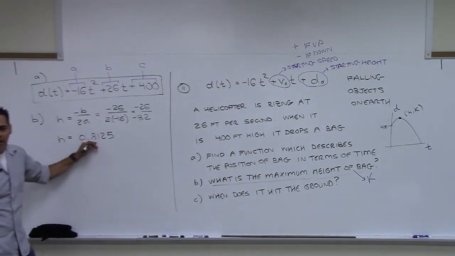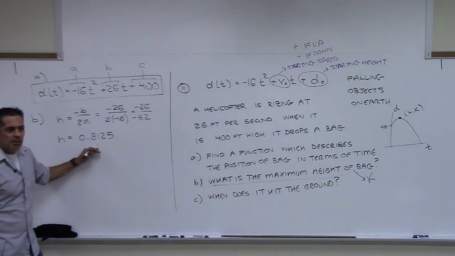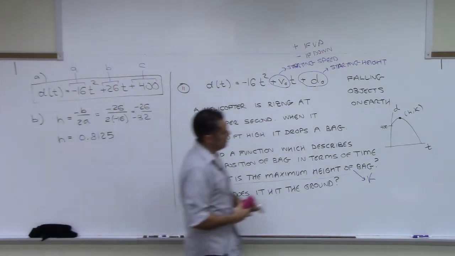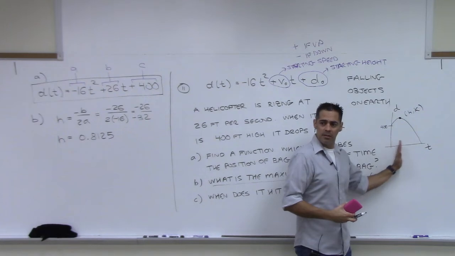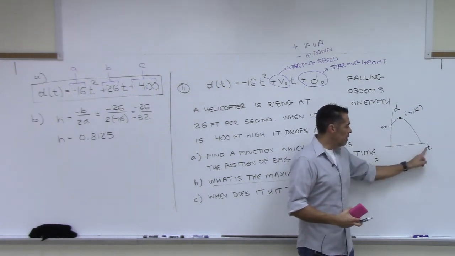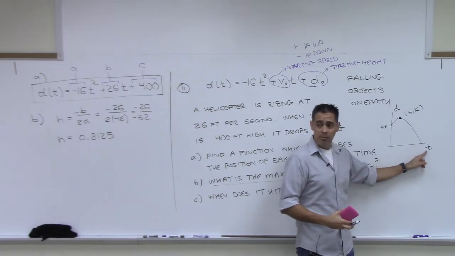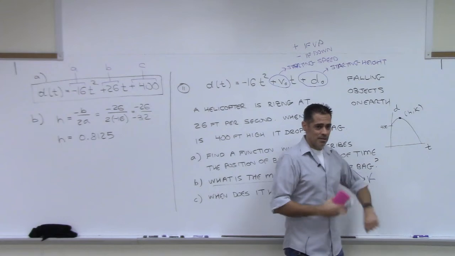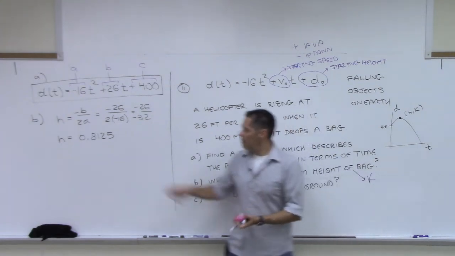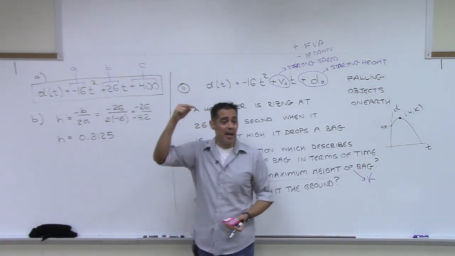That's not how high it went, right? Isn't that this direction? Well, what does the left and right represent? T, which is time. So this is how much time it takes for it to reach that maximum height.